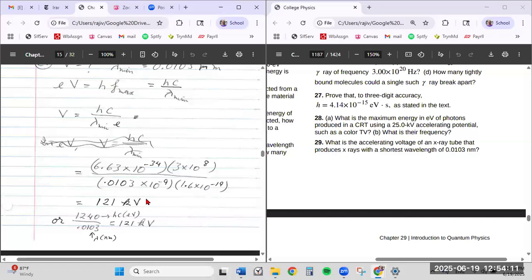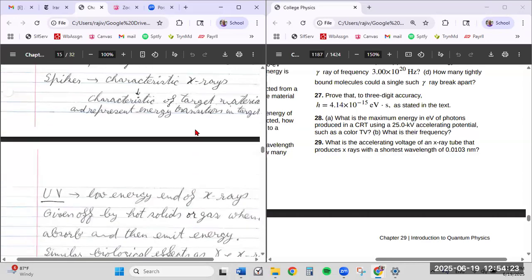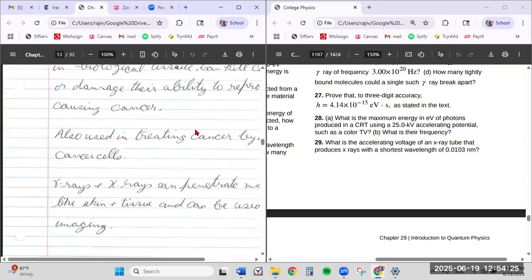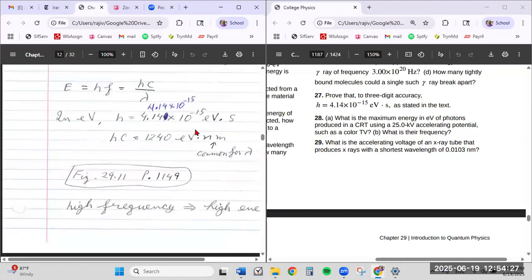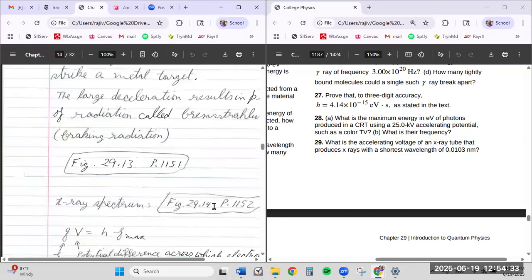And then you can convert it to electron volts by using the conversion factor, or you can directly use that number 1240 that we saw earlier. That's the value of hc, 1240 electron volt nanometers.